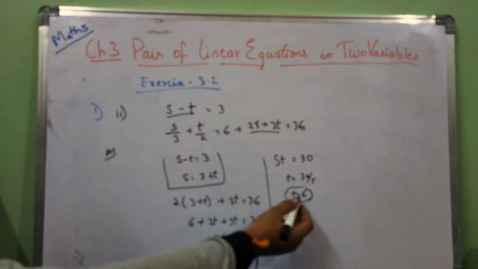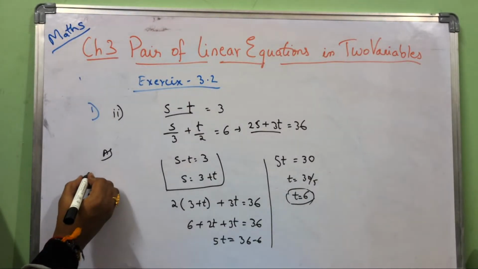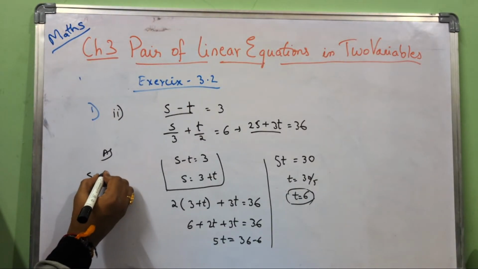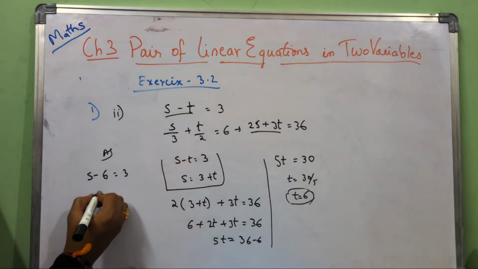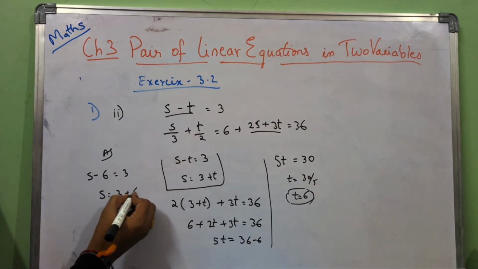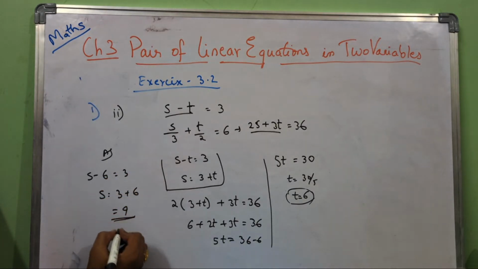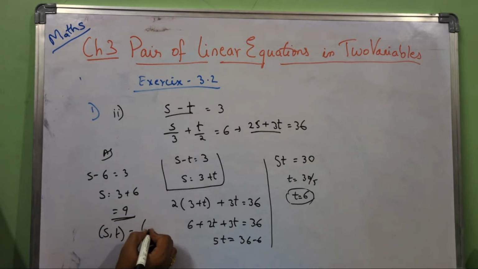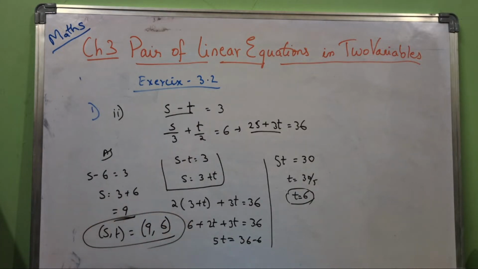So using t equal to 6 in the first equation, s minus 6 equal to 3. So s becomes 3 plus 6. The final answer is 9. So the solution for this, s comma t, is s is 9 and t is 6. That's it. Easy one.